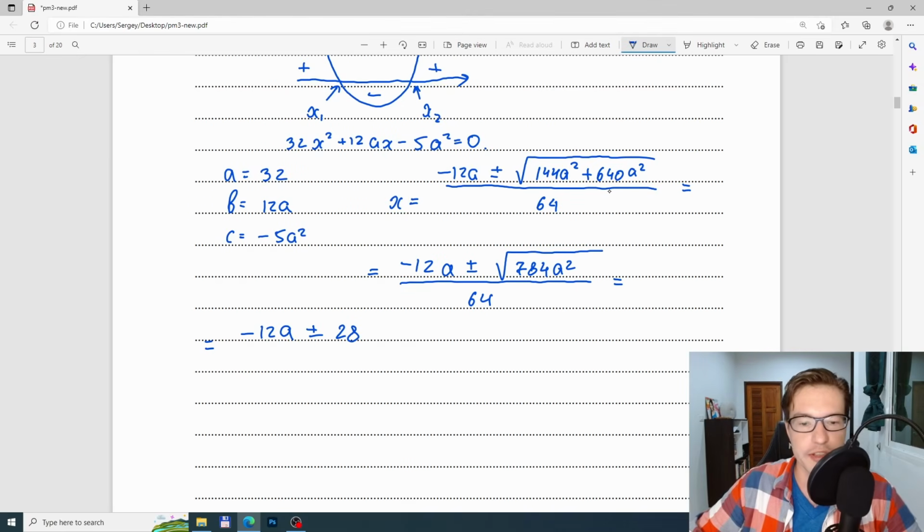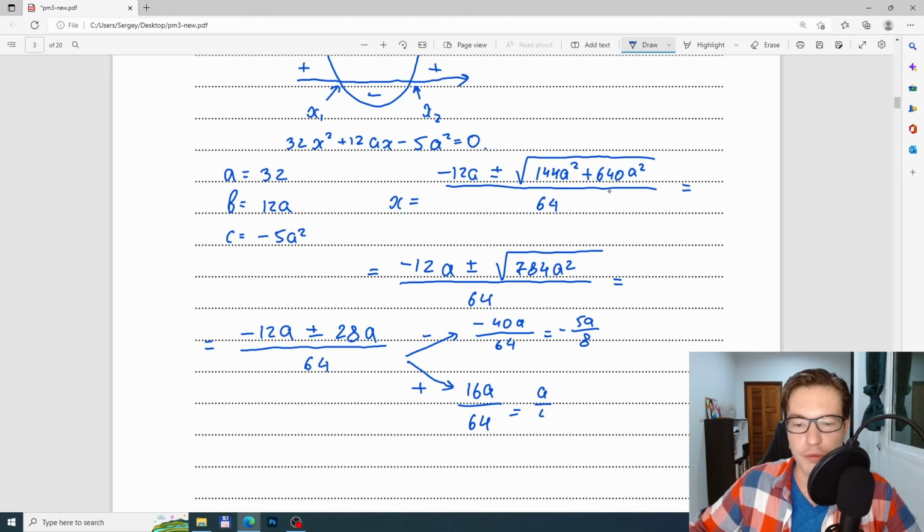Square root of a squared is a, over 64. Now in this formula, if I take the minus sign, I will get minus 40a over 64. And when I simplify it, I will get minus 5a over 8. And then in the quadratic formula, when I take the positive sign, I will get 16a over 64, which gives us a over 4.